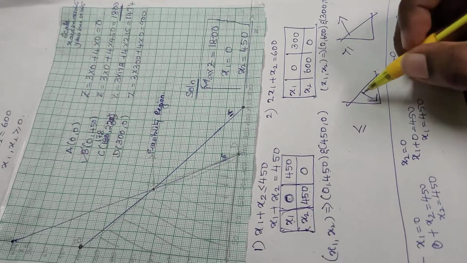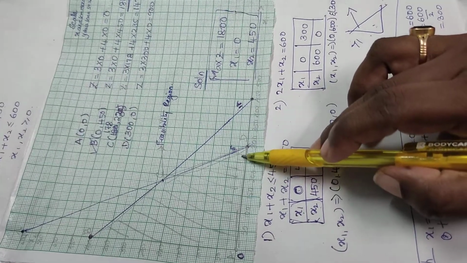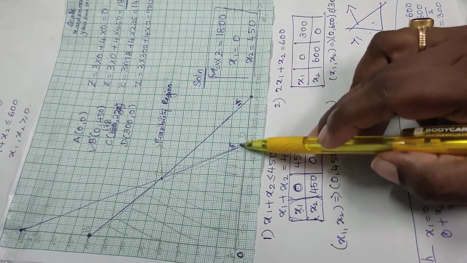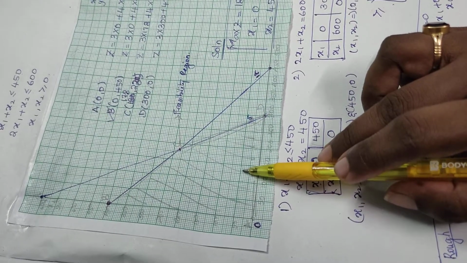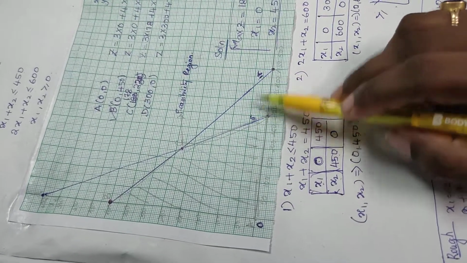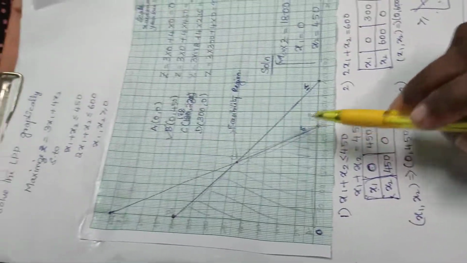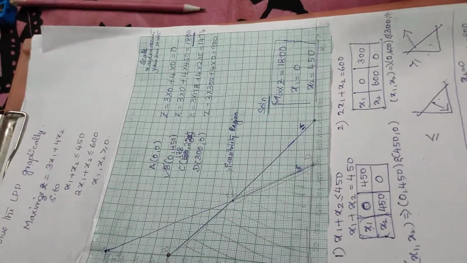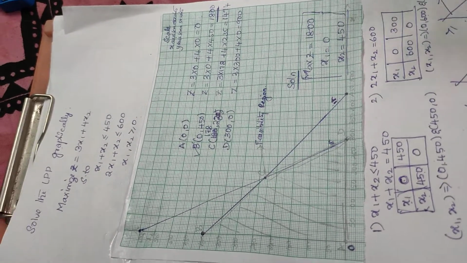You have to remember this, because these are less than or equal to problems. Our feasibility region is pretty easy. But when you have mixed constraints, then the confusion starts. So this is a very basic problem, a simple 5-mark question. So, LPP graphically.